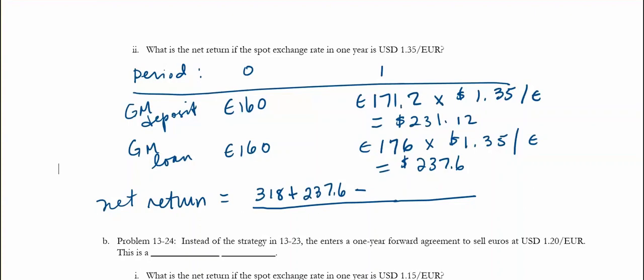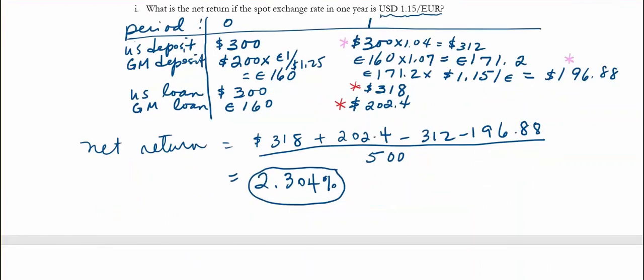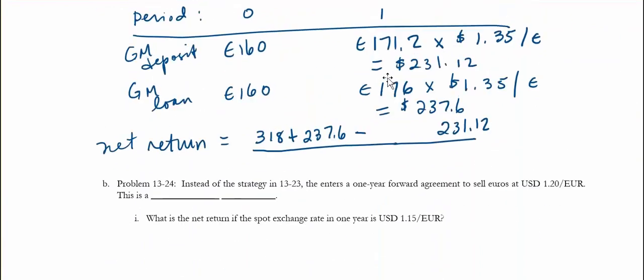The German deposit will be 231.12, and then we have the US deposit being 312, again over 500, and we get a net return of 2.496%.